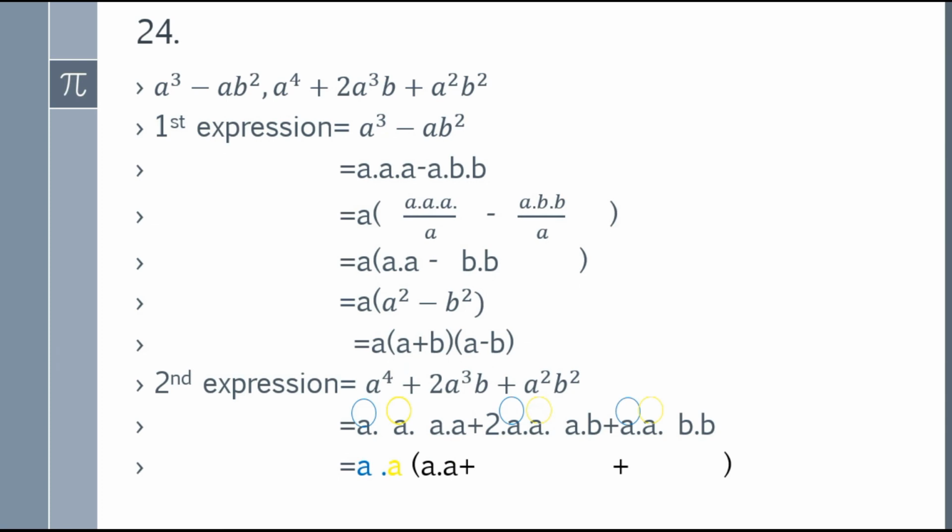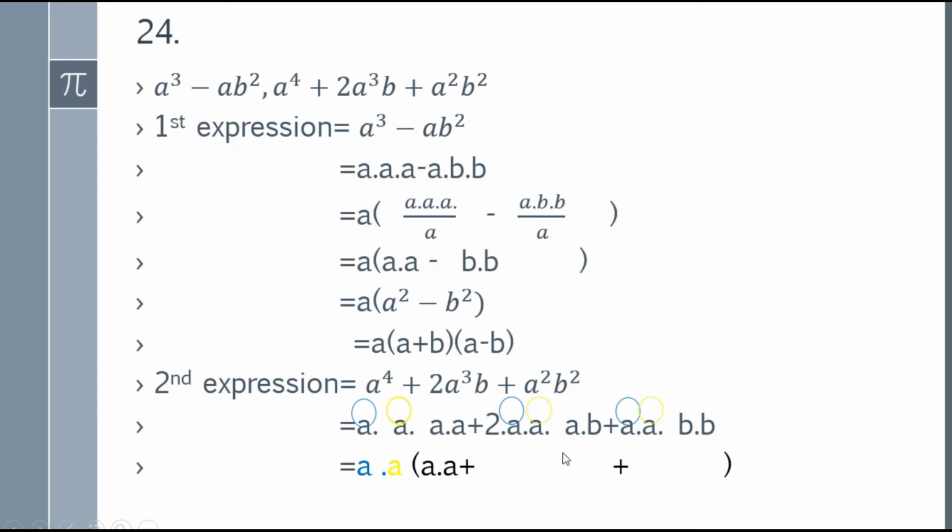So what is the common? a and a is our common part. If we take a and a as common, what will be the remainder? Here a and a will be our remainder.